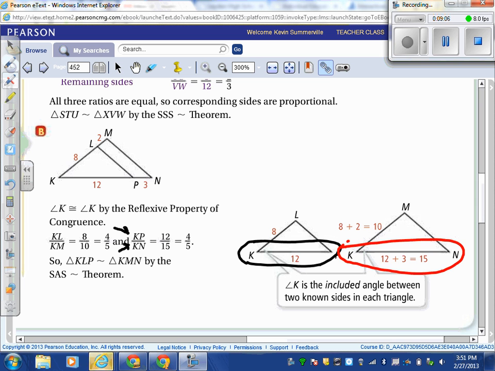KN is 12 plus 3, 15, which came from those two sides right there. If we set that up in a proportion, you get 12 over 15, which then reduces to 4 over 5, proving that these two triangles are similar.